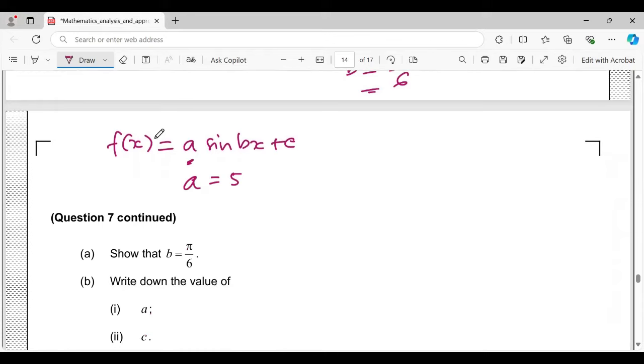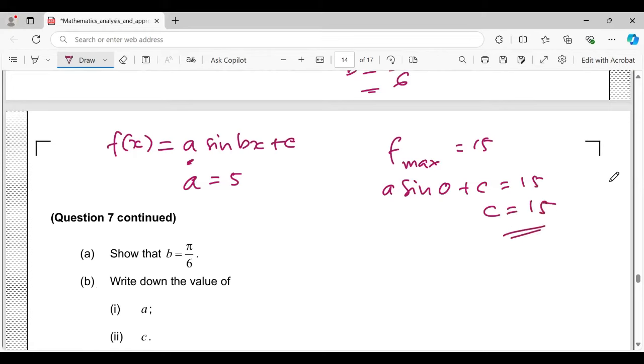In this function, if x equals 0, sine 0 equals 0. So if the maximum equals 15, and if x equals 0, it means a sine 0 plus c equals 15. This is 0, so c equals 15. So c is 15.